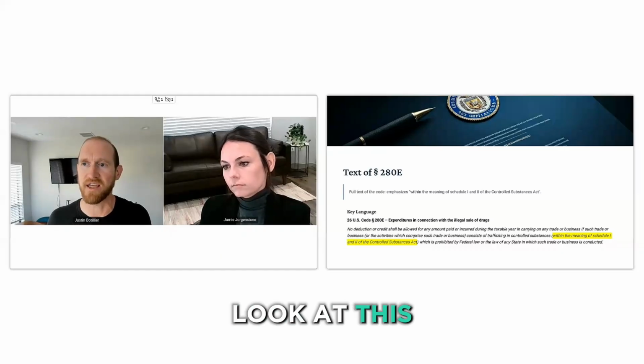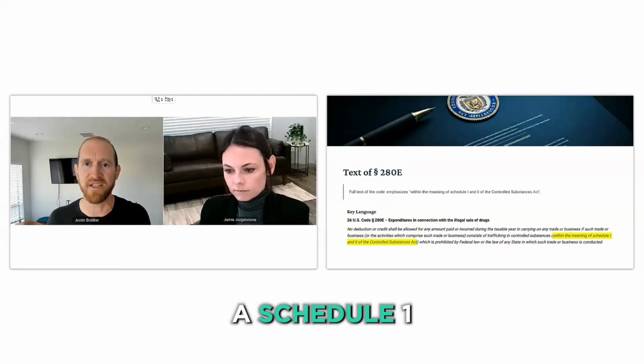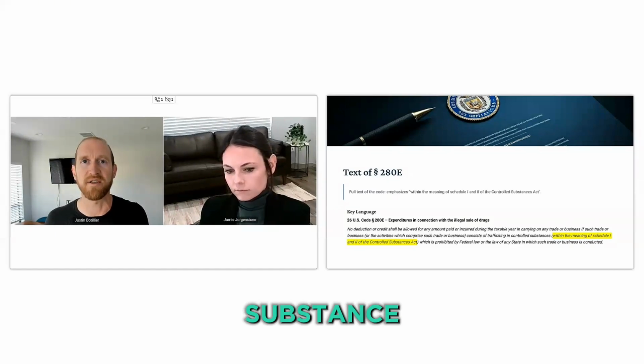So if you look at this slide, there's a designation here. It says within the meaning of a Schedule I and Schedule II substance.